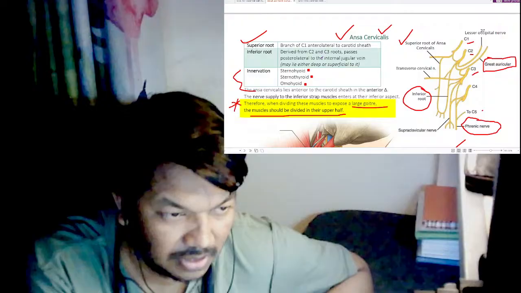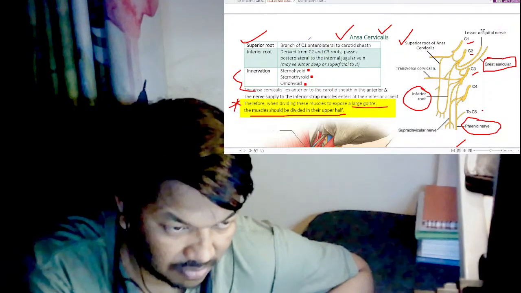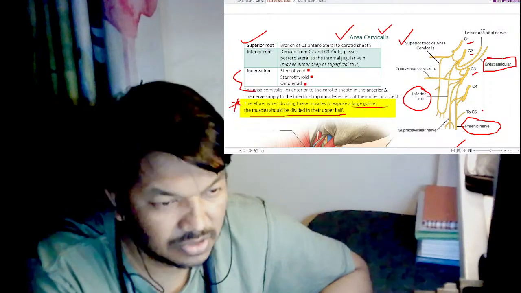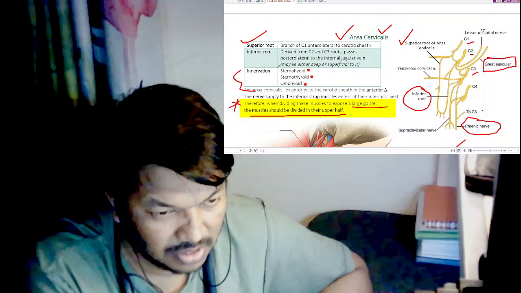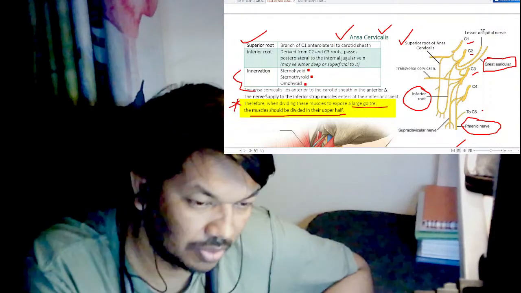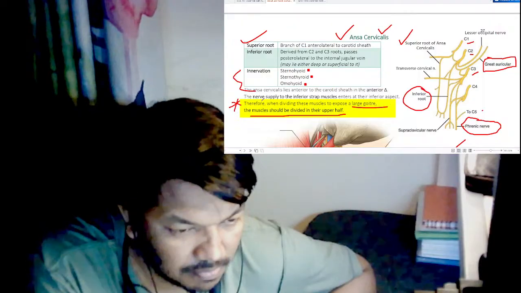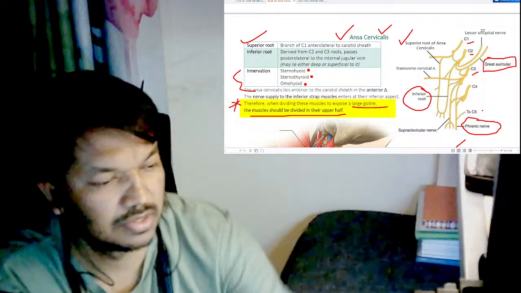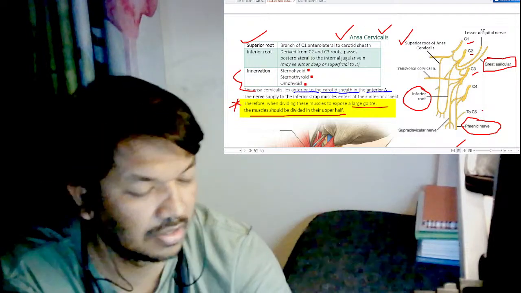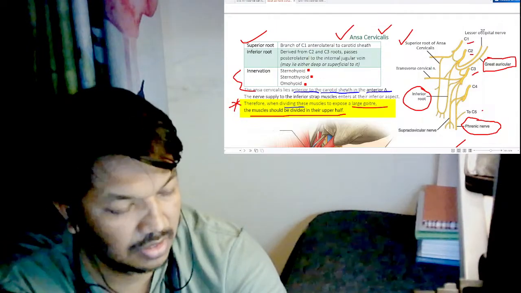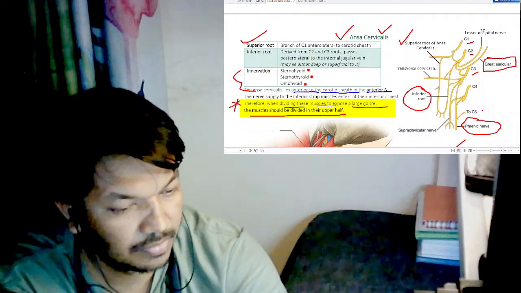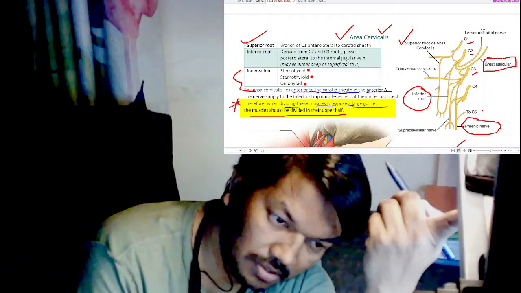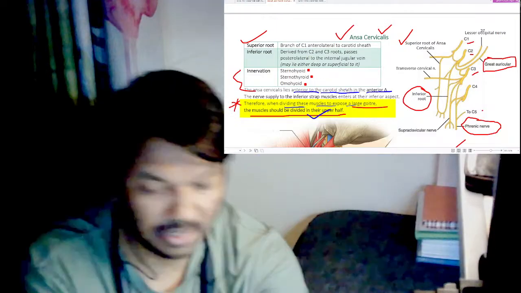So ansa cervicalis is branches of cervical 1 anterior to the superior root C1, inferior root C2 and C3, innervating sternothyroid and omohyoid. Ansa cervicalis lies anterior to the carotid sheath in the anterior triangle. Therefore, when dividing the muscle, it should be divided in its upper half. This is the important thing.